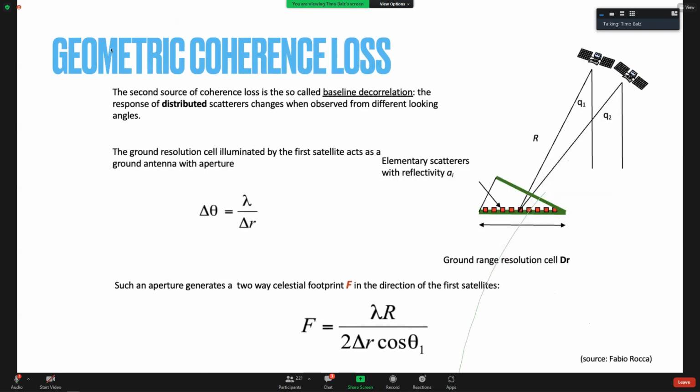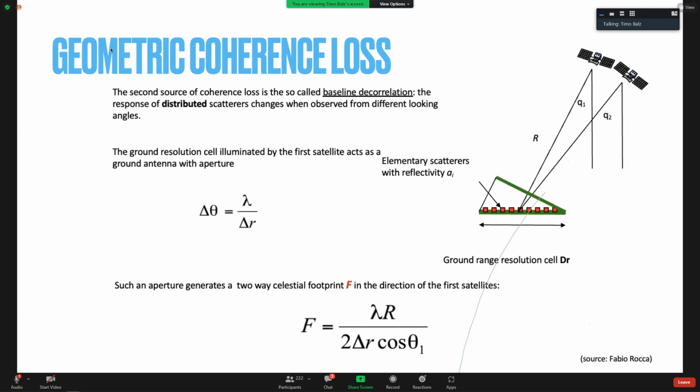Then, besides temporal decorrelation, we also have different ways of coherence loss. One would be the geometric coherence loss. So we are losing coherence based on the spatial difference between the two acquisitions. If you have a rather large baseline between the satellites, a rather large spatial, perpendicular baseline, we are looking at the targets a little bit differently.